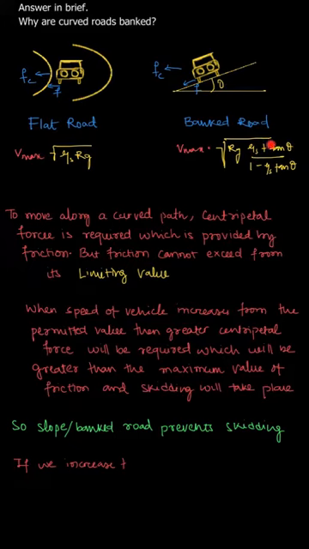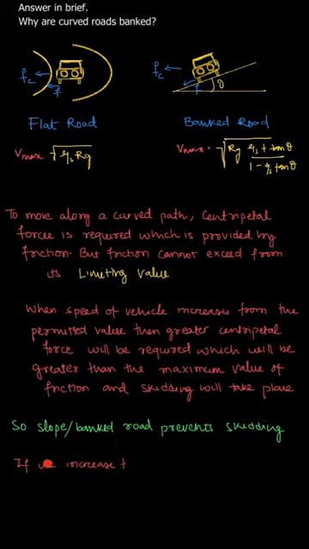As tan theta is a positive value, the numerator mu s gets increased by tan theta, and in the denominator we have 1 minus mu s tan theta, which is a value less than 1, so it further increases the maximum velocity. So due to banking we have a greater velocity limit, and it will not result in skidding, right?